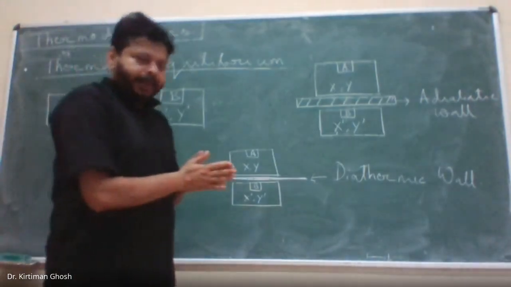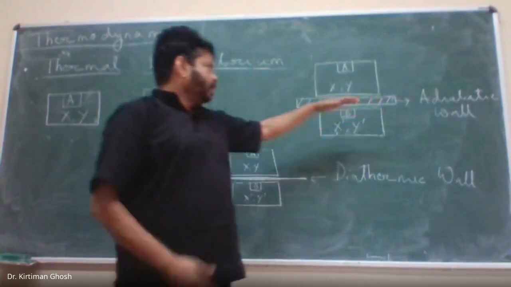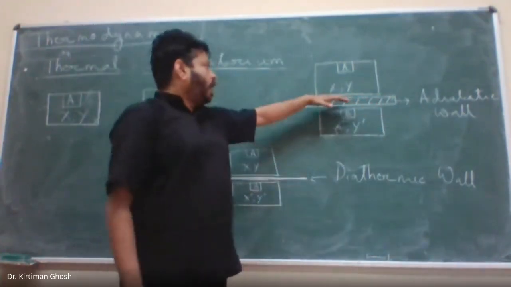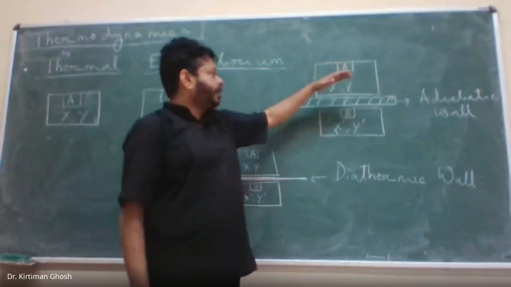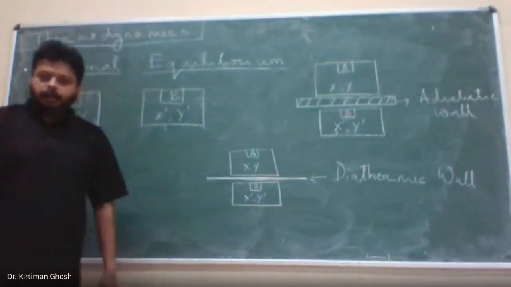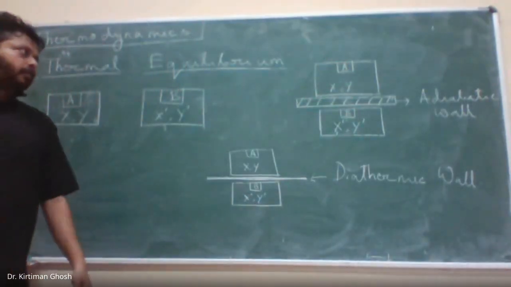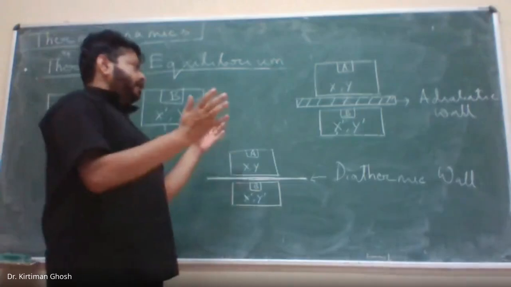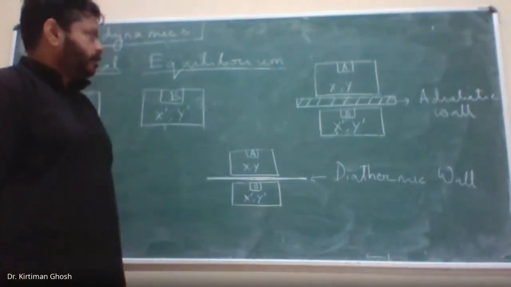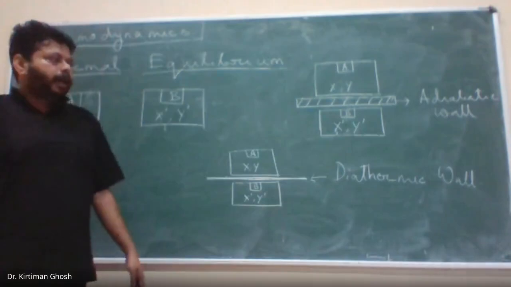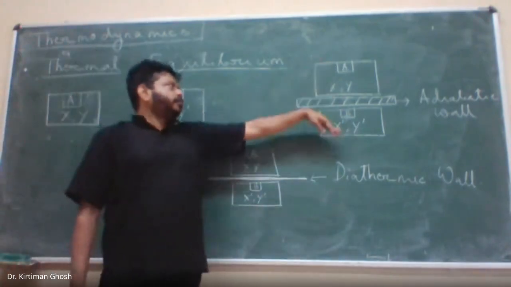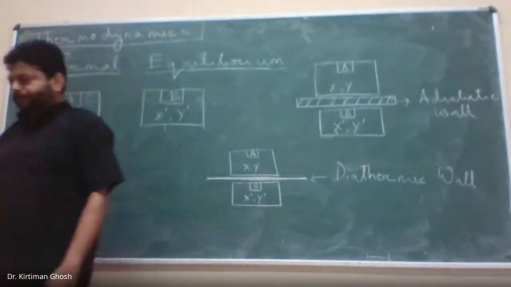Okay, so what is the adiabatic wall? An adiabatic wall is a separation, a wall which does not allow any thermal interaction between system A and system B. This is the definition of an adiabatic wall. If I place these two systems in contact with each other via an adiabatic wall, there is no thermal interaction between these two systems.